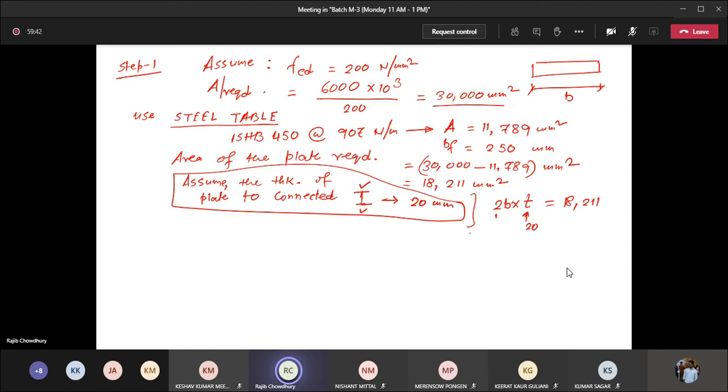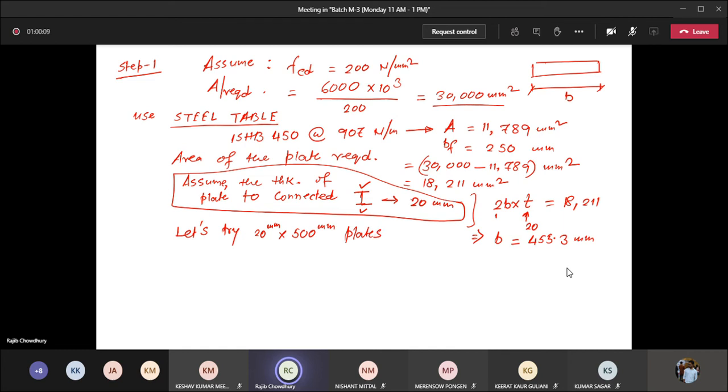The b required over here is 455.3 mm. So what you can do, I can write a statement something like that many times: let's try a 20 mm thick plate with a width of 500 mm at both sides of the I section.